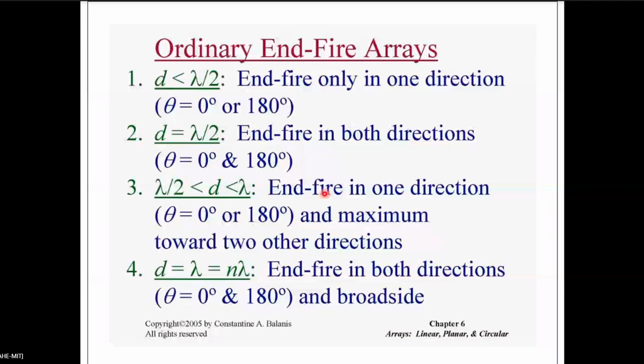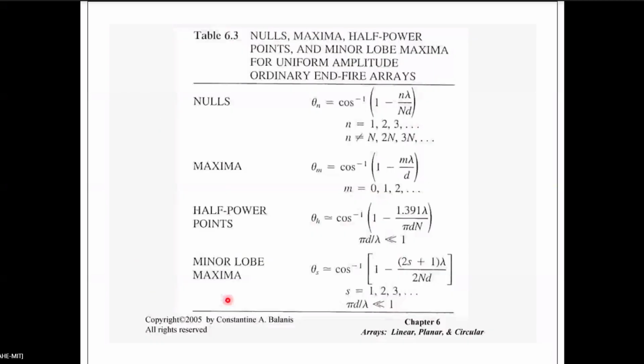If d is equal to n lambda, theta is equal to 0 degrees and 180 degrees, so you get maxima at 2 points. And I think you get grating lobes for d is equal to n lambda. We'll see that later. So nulls: this is from the general expression. You substitute beta is equal to plus kd for the maxima, and here also.